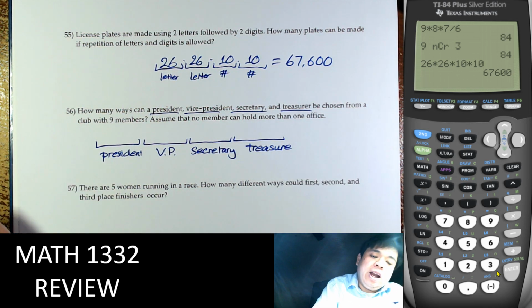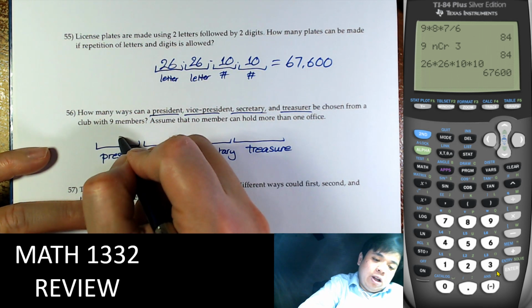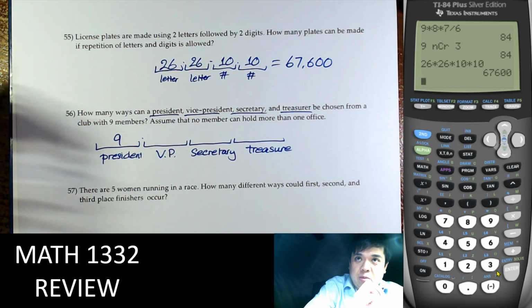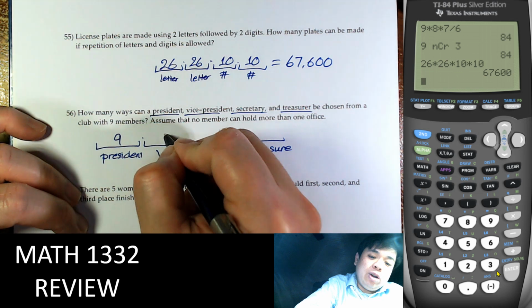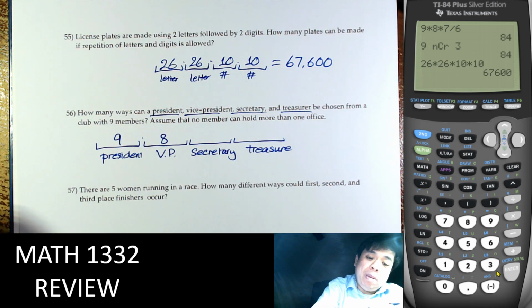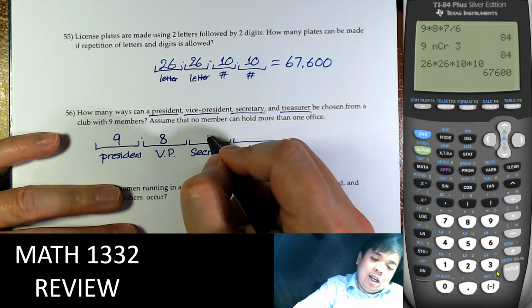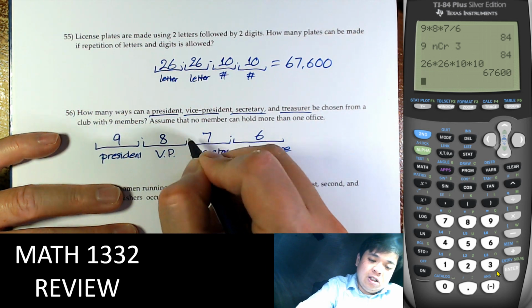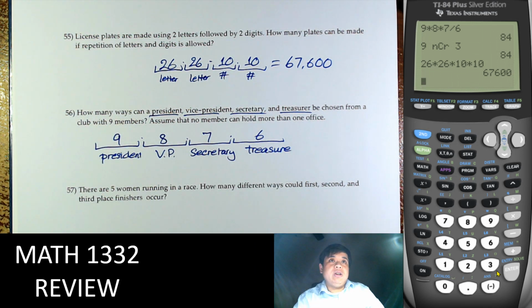Right. Now there are 9 members, so any of the 9 can be president. But whoever is the president, we cannot choose that person again. We have to choose from the remaining 8 for VP, and then the remaining 7 for secretary and 6 for treasurer. So we just do that.